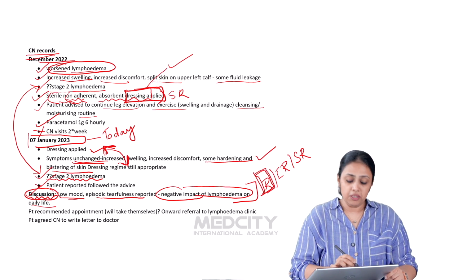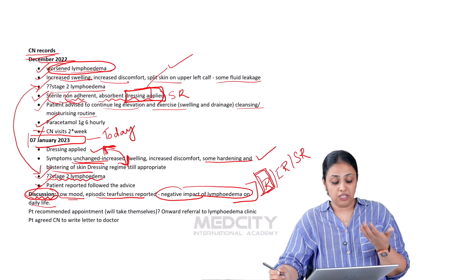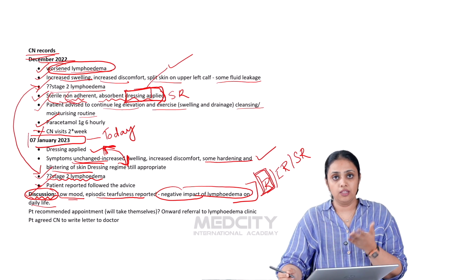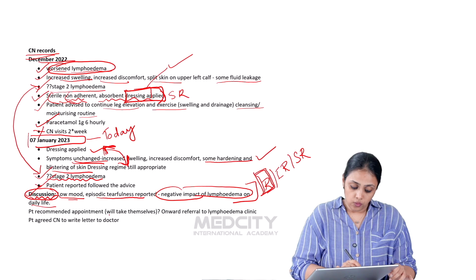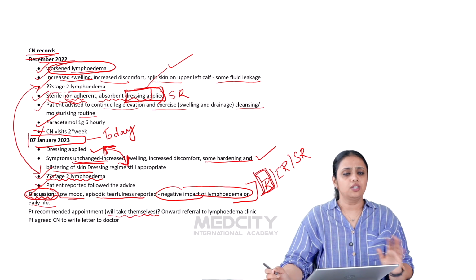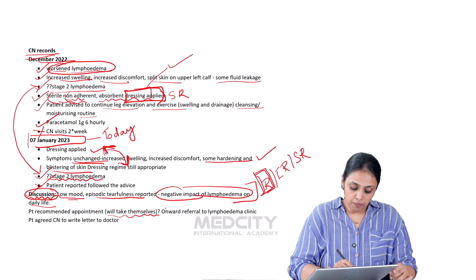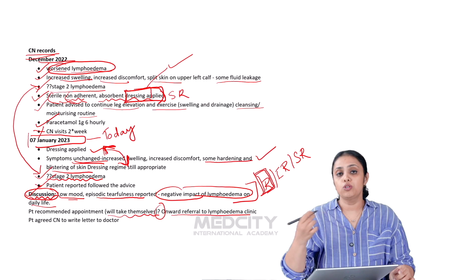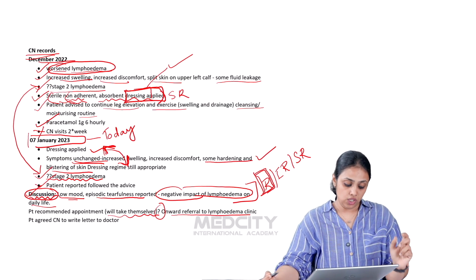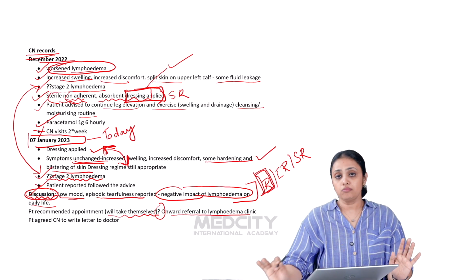Then the patient recommended appointment. We recommended that the patient can have an appointment with the doctor, and the patient agreed that she will go for the appointment by herself. Then possible onward referral to the lymphedema clinic was also discussed with the patient, and the patient agreed to that.